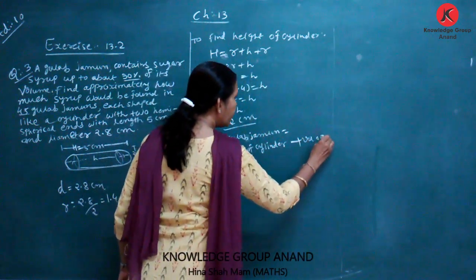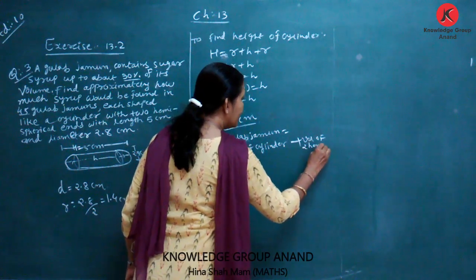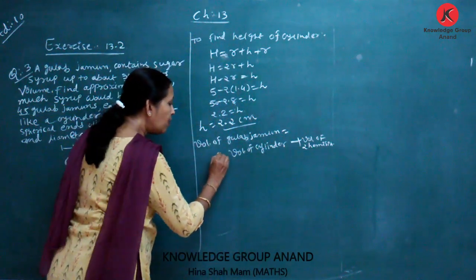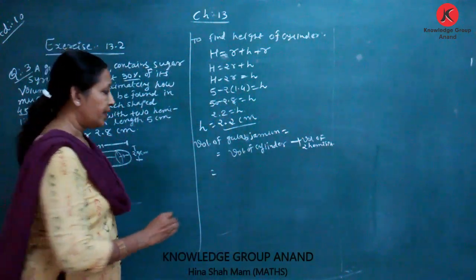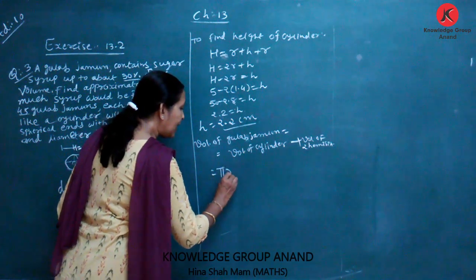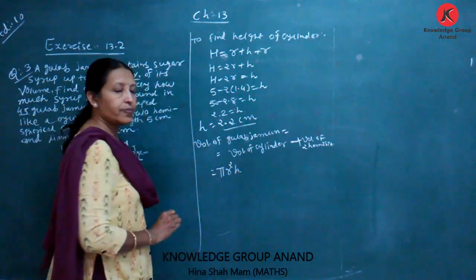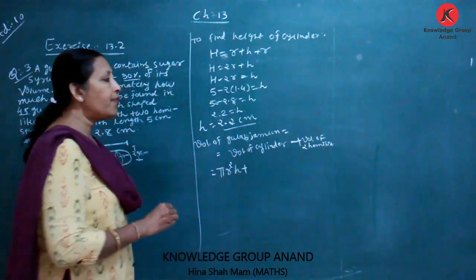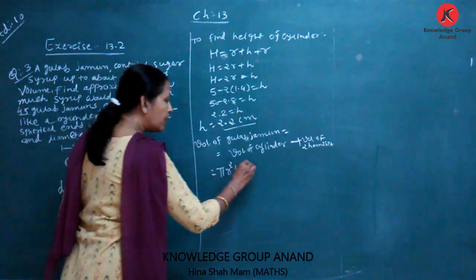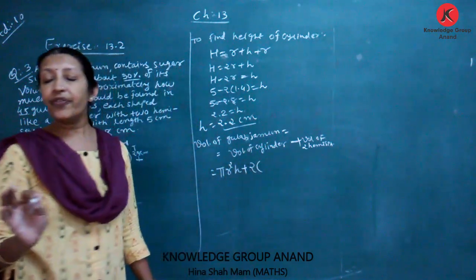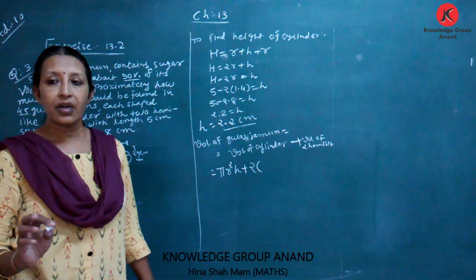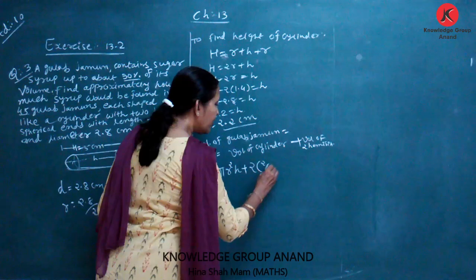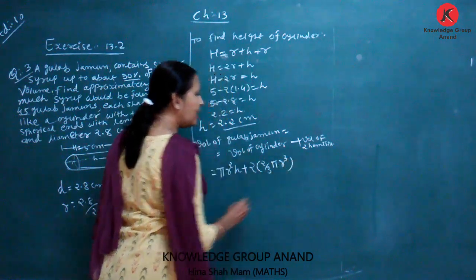Now, volume of cylinder is equal to pi r square h, plus volume of two hemispheres. 2 into, what is the volume of a hemisphere? Yes, 2 by 3 pi r cube. Good. 2 by 3 pi r cube.